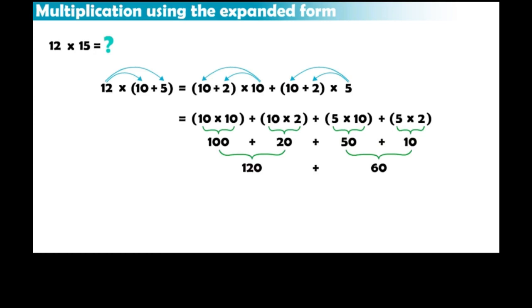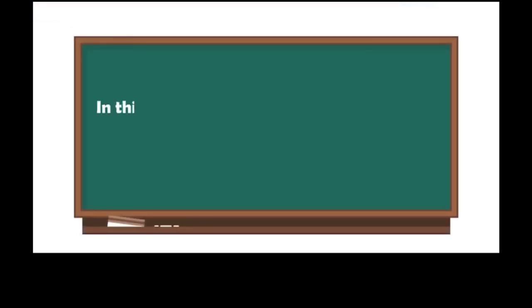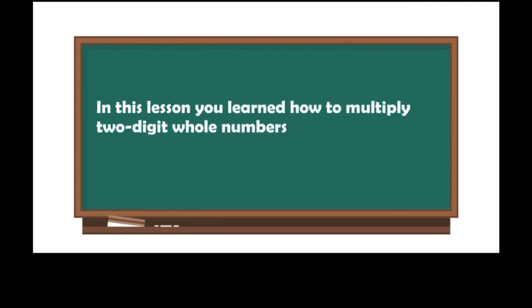Now when we add it all together, overall we get 120 plus 60 is equal to 180. That is the answer. In this lesson we have learned how to multiply two-digit whole numbers using the expanded form.